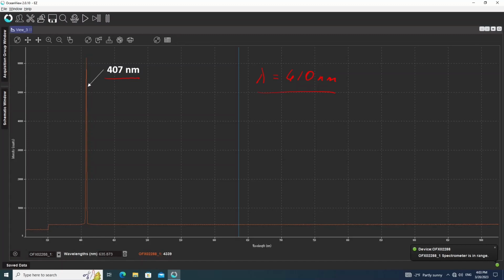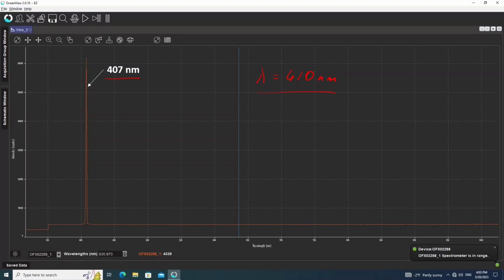So as a final step, we used specialized scientific equipment, a spectrophotometer, in order to determine the actual wavelengths of the light emitted by red and blue LEDs, and we got values 660 and 407 nanometers for red and blue LEDs respectively, which are quite close to our determined values, 665 nanometers for the red LED and average 410 nanometers for the blue LED.